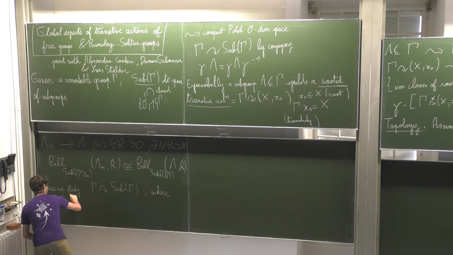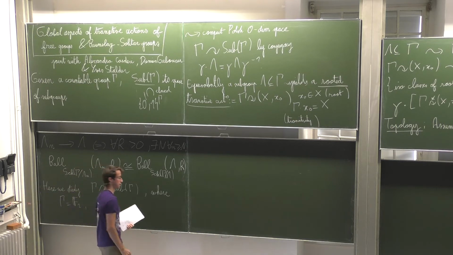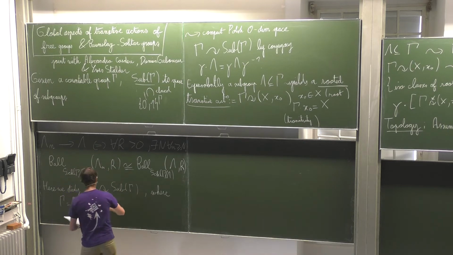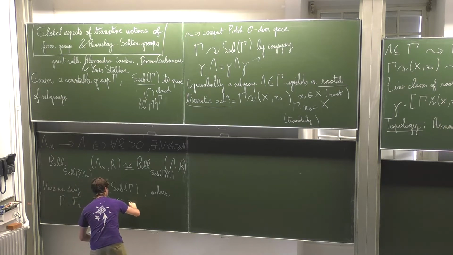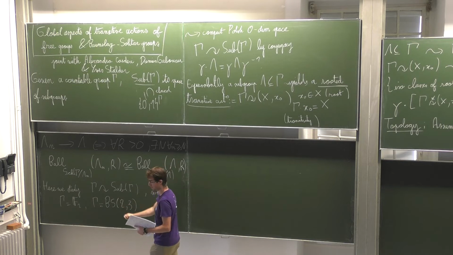The first will be the free group on two generators, but the same kind of thing goes for finitely generated free groups. And the second class of examples will be the Baumslag-Solitar groups. I'll just say what these are, and I'll focus on the Baumslag-Solitar group with parameters 2 and 3.